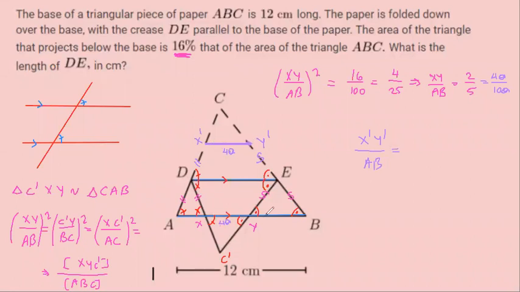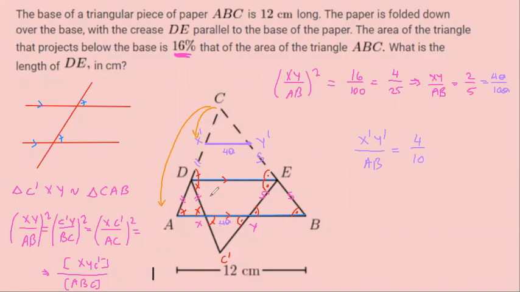This is the same as this one, so that's already 4 over 10. Again, this is coming from 2/5. I just used 4 over 10. So if that is 4 over 10, I do know, just because of the similar triangles, this one divided by this one should be 4 over 10 as well, because CX prime y prime is similar to CAB, because this is parallel to that one.